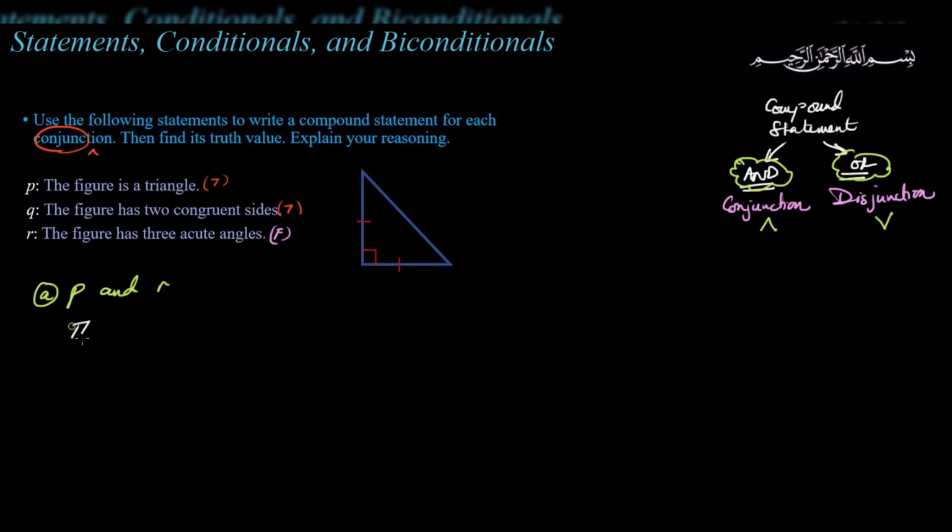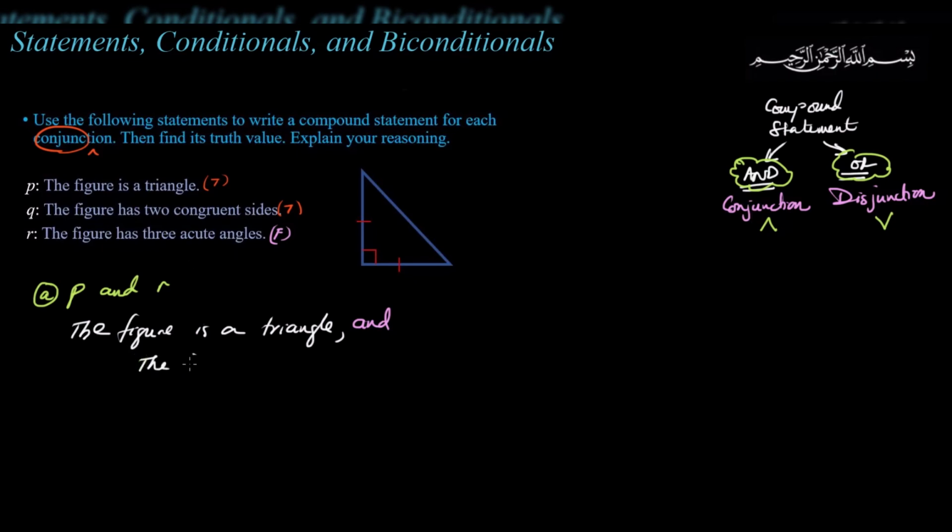So this statement would be, the figure is a triangle. That's our compound statement, a conjunction. And the figure has three acute angles.